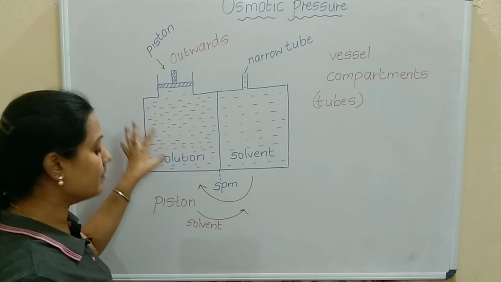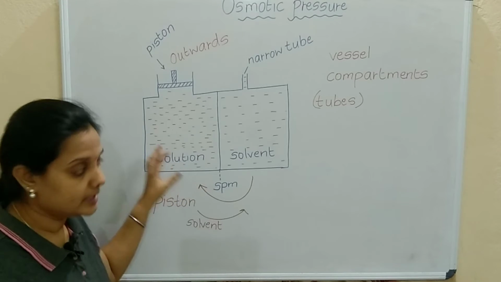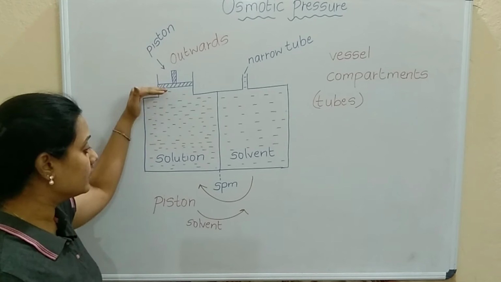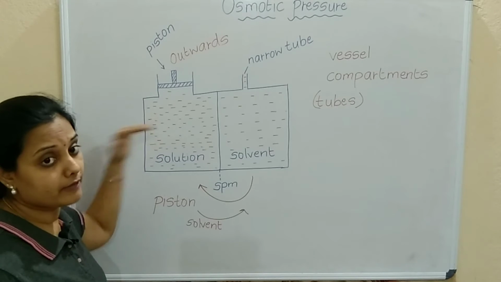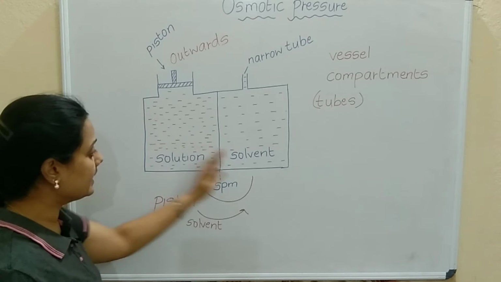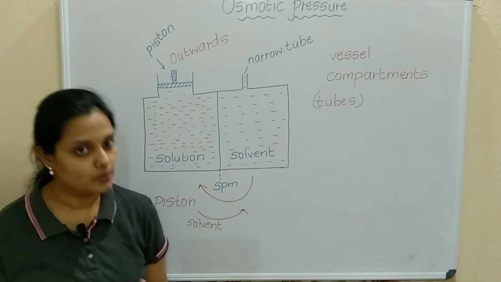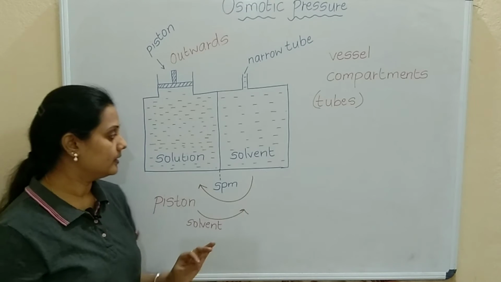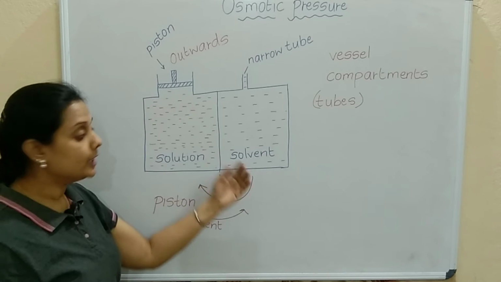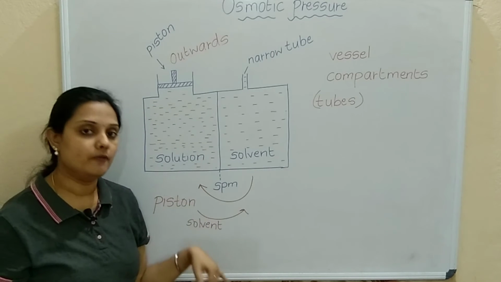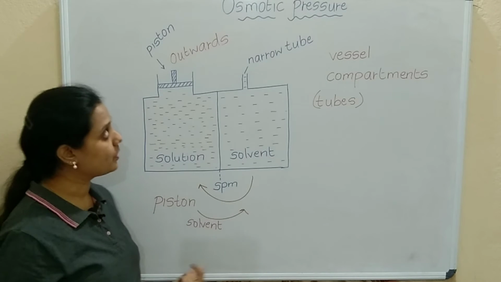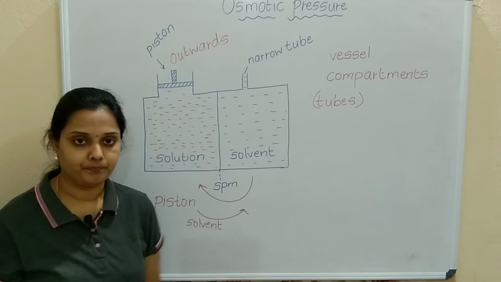So the minimum excess pressure that can be applied on the solution, correct? Where we are applying? On the solution to prevent the entry of the solvent molecules through the semi-permeable membrane, that is called osmotic pressure.